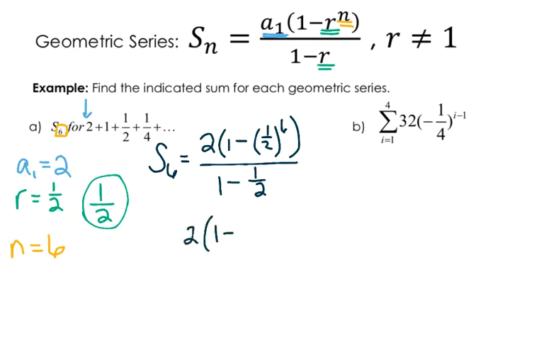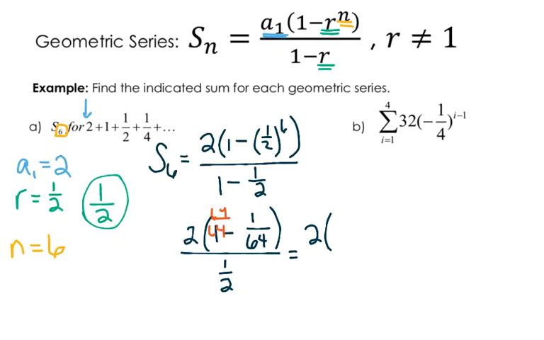Alright, so we've got 2 times 1 minus 1/2 to the 6th power is 1/64. 1 minus 1/2 is just 1/2. So 1 minus 1/64, I now have 2 times, remember 1 is 64 over 64, so you could use a calculator, but you really don't need one.